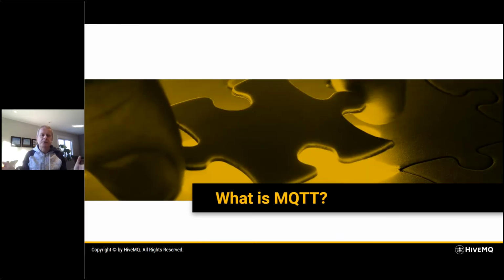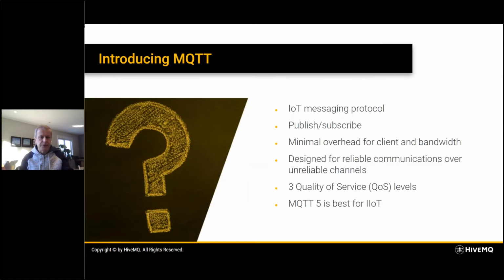So this is where I'd like to step back and start talking about MQTT. MQTT is probably the most popular IoT protocol out there. It was developed in the late 90s in the oil and gas world to instrument oil and gas pipelines.